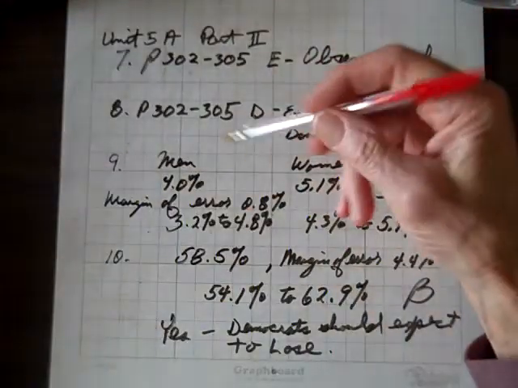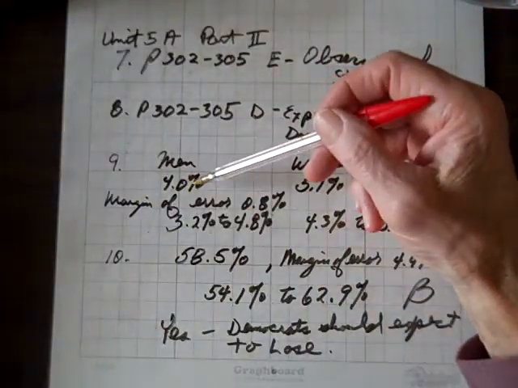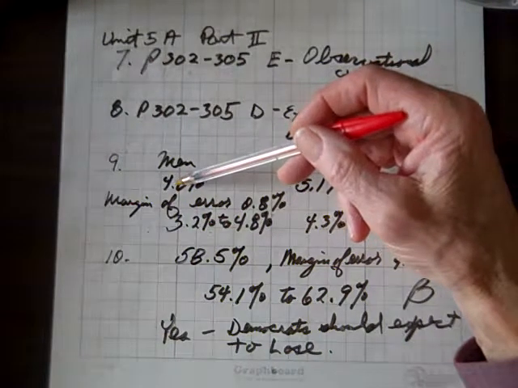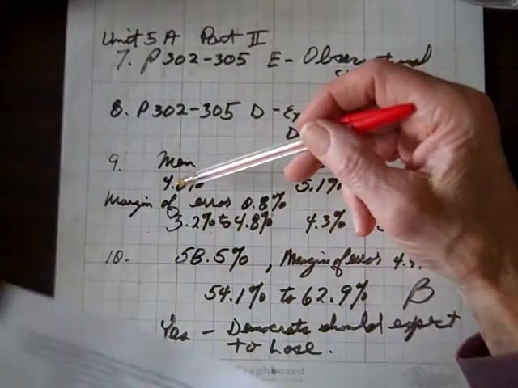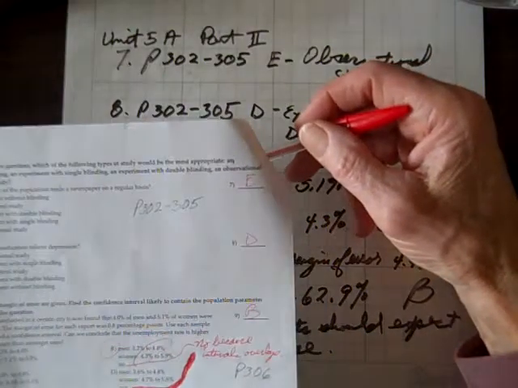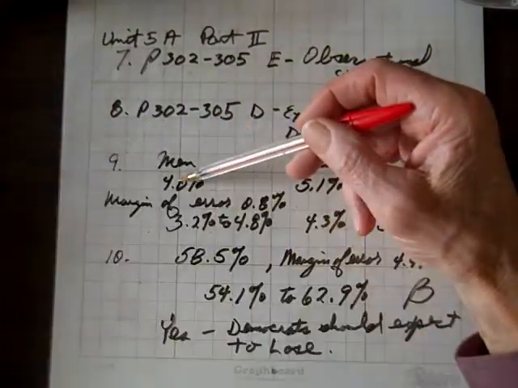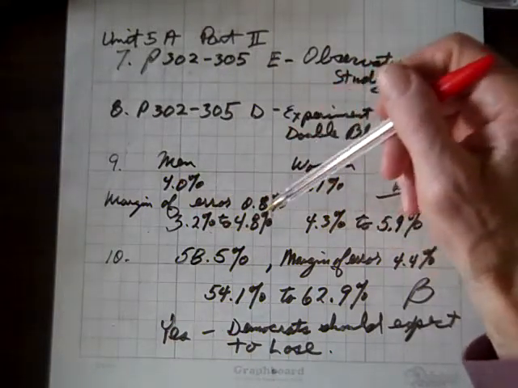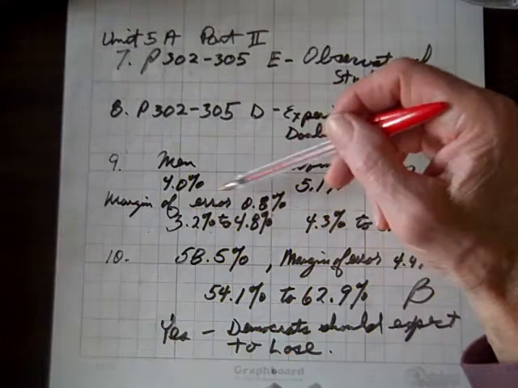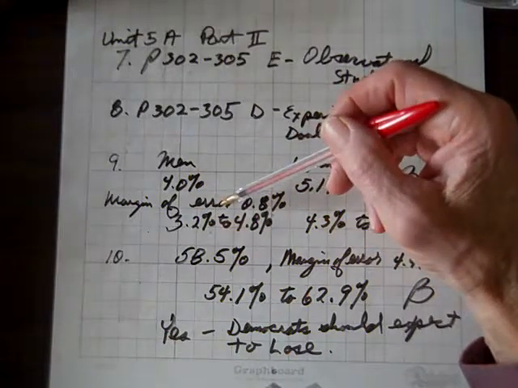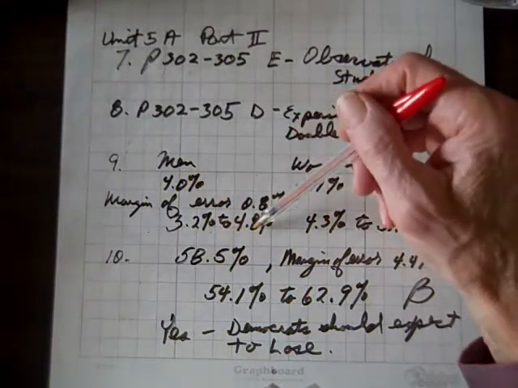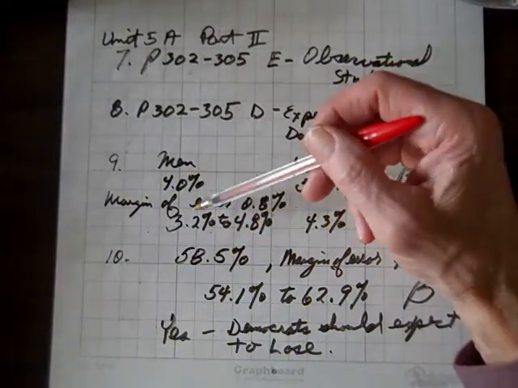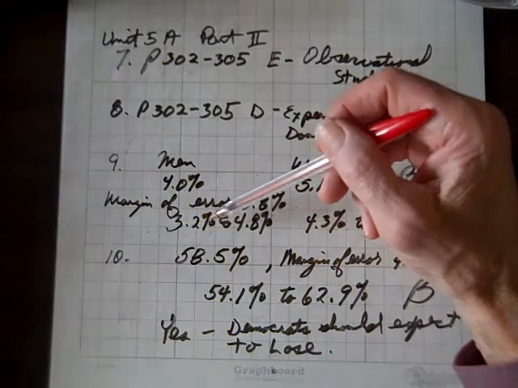Now, for men, the unemployment rate was 4%. Or the survey concluded it was 4%. The margin of error is 0.8%. So if we add 0.8% to 4%, we get 4.8%. If we subtract 0.8% from 4%, we get 3.2%.